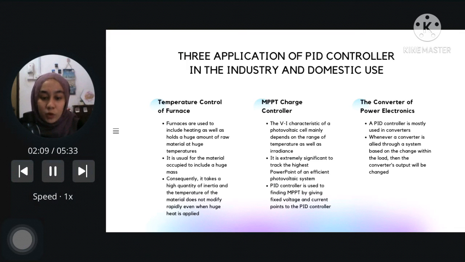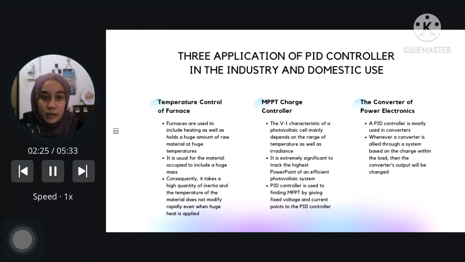Generally, this controller is simply one element in a temperature control system. The entire system must be examined and considered while choosing the right controller.